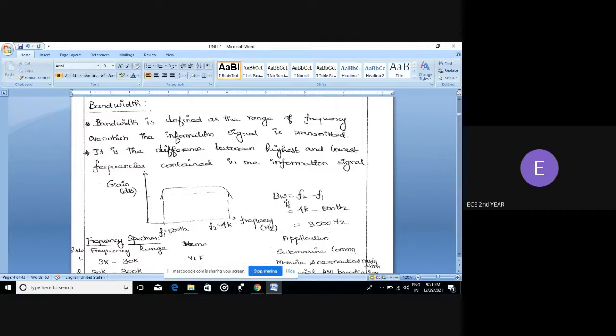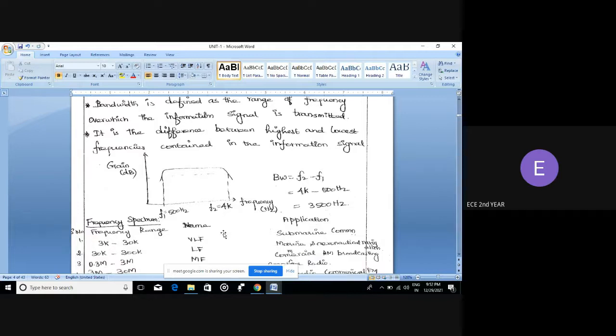And bandwidth is simply the difference between these two frequencies, that is f2 minus f1. 4k minus 500. 4k means 4000 minus 500, so it will be 3500 hertz, right? Here in the y-axis we represent the signal magnitude in decibel, whereas on the x-axis we have the frequency.